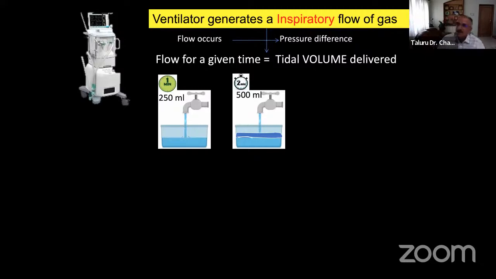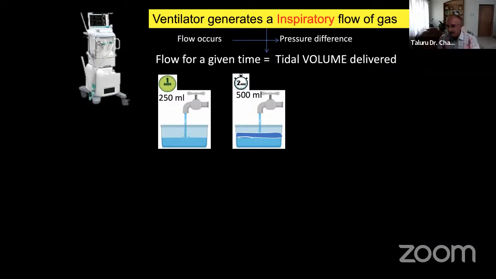Is it understood? If you think this is the flow the ventilator is producing, this is your alveoli. If you increase the time, or if you conceptualize inspiratory flow in the context of time, it becomes a volume. So flow and volume are the same.